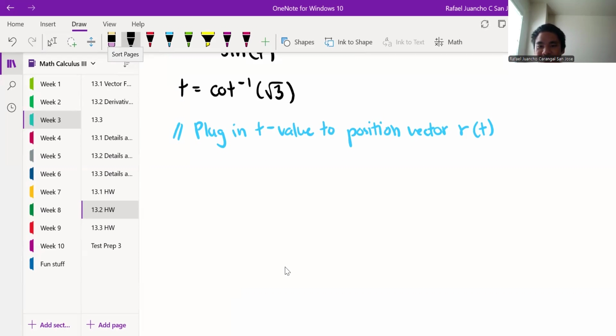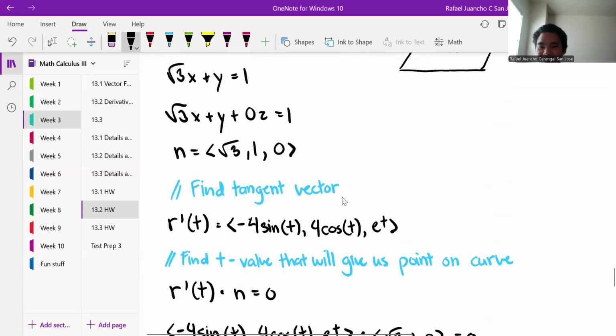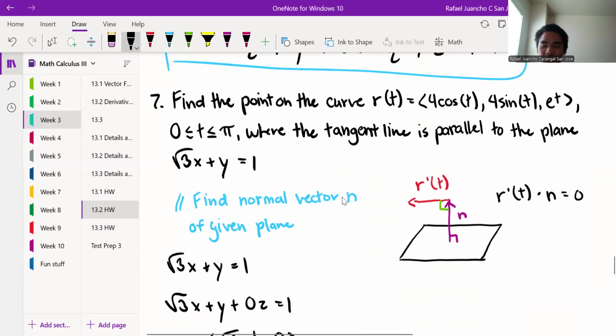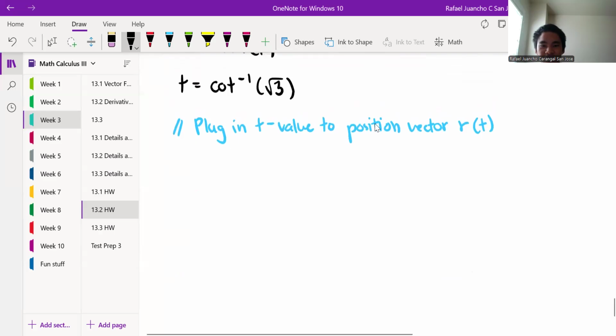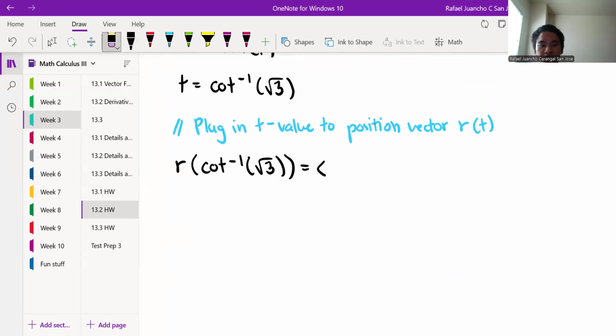Now I can't just plug in sine of, I mean, I could do that, but it's not gonna look nice. So I'm basically plugging in r of this thing, and it's going to be equal to something. But I need to find what this is. It's a point. So how do I do this?